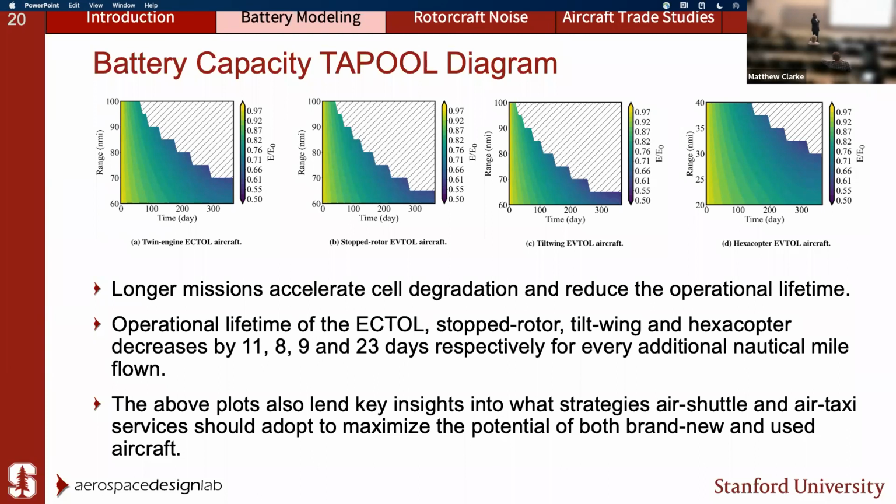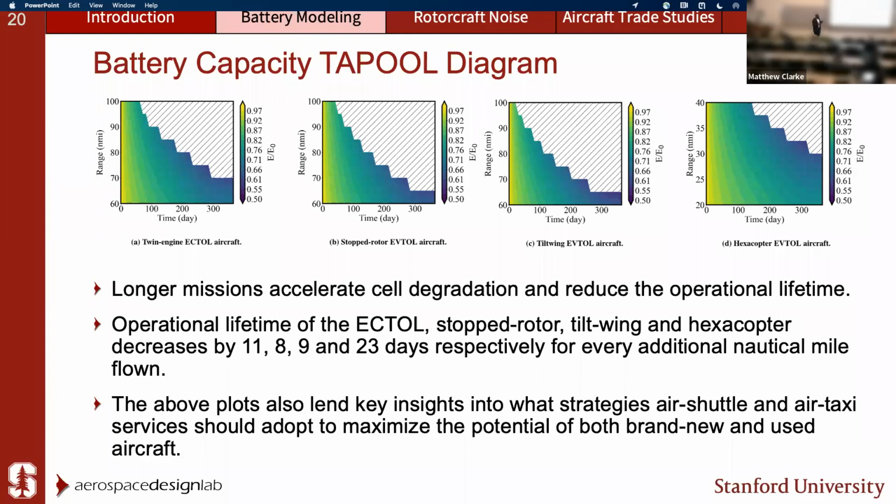Compare that with a flight of 70 nautical miles, which essentially states that this aircraft can fly about 300 days before it cannot sustain that 70 nautical mile flight. That's one of the takeaways from this plot.